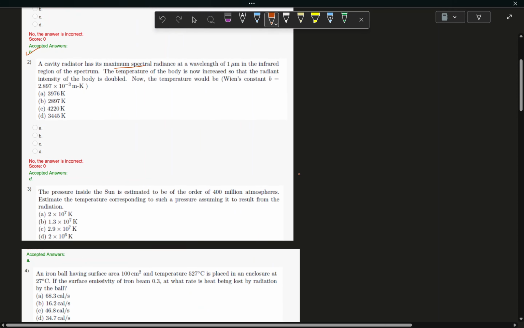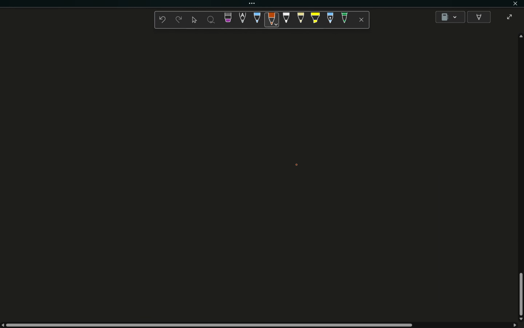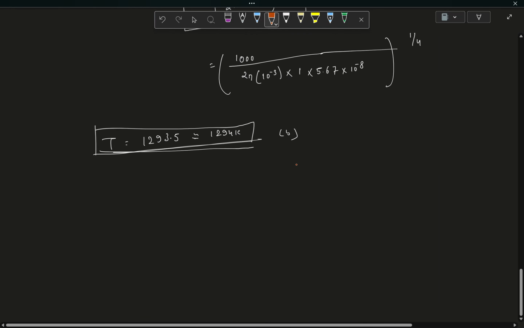So we'll see what the formula of Wien's displacement law is and how we can utilize it to solve problem number 2.